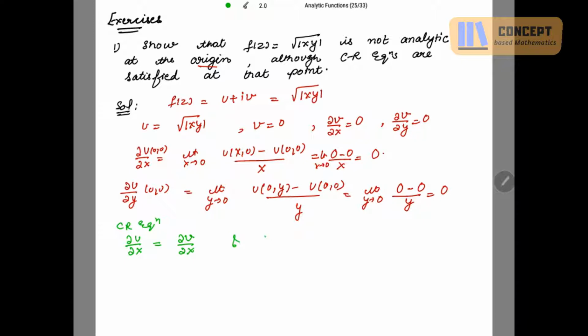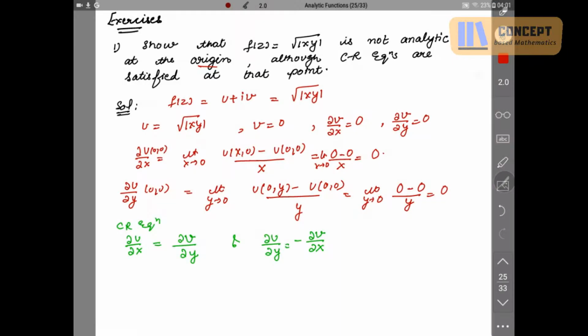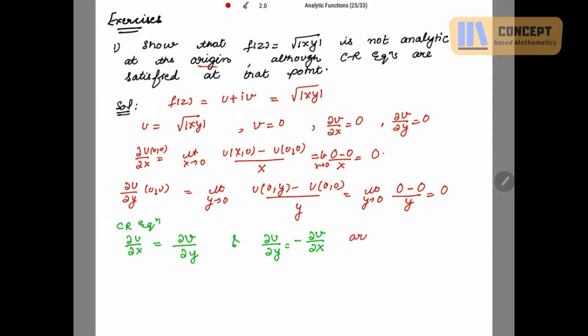The other equation is ∂u/∂y is negative of ∂v/∂x. अगर हम यहाँ पर x लिखते हैं तो v के साथ y आता है और अगर हम y लिखते हैं तो v के साथ x आता है. So both the equations are satisfied. So the CR equations are satisfied at the origin.